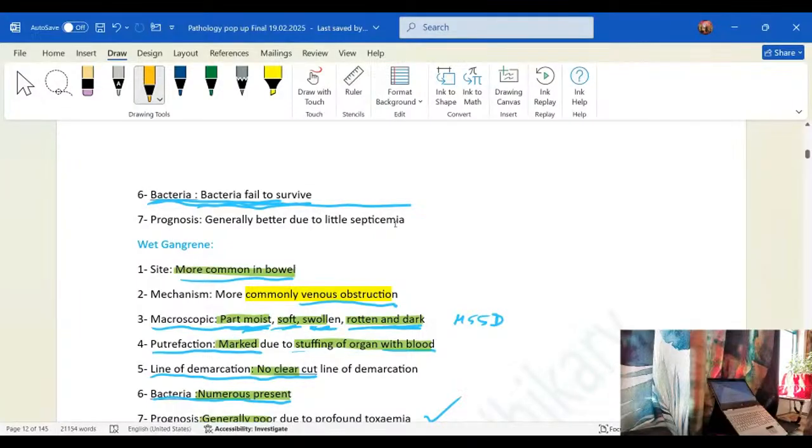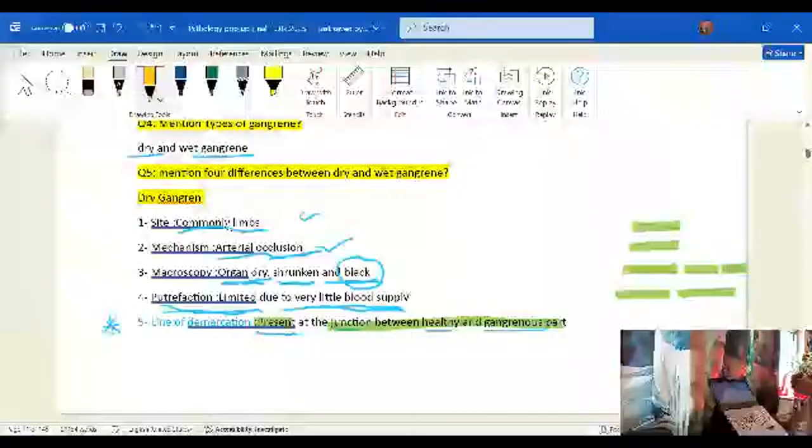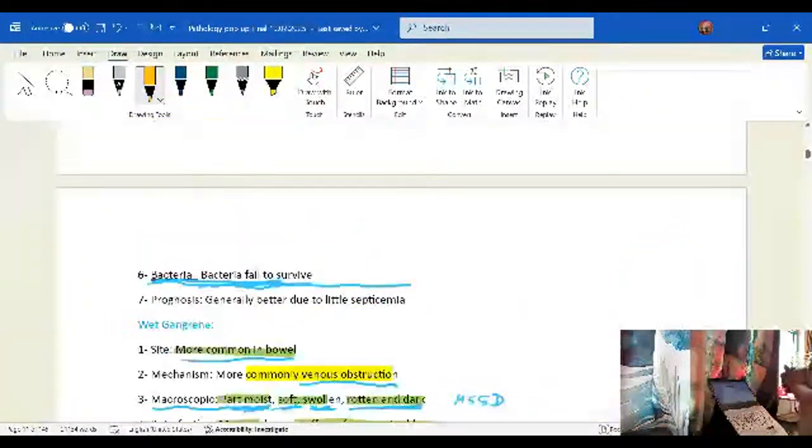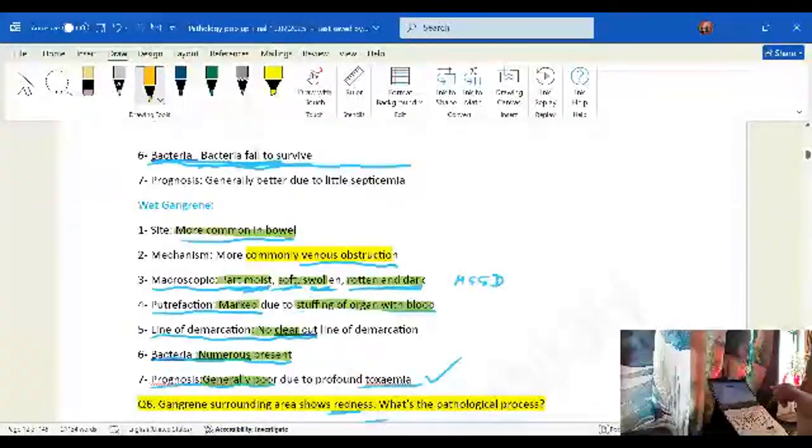And wet gangrene occurs due to venous obstruction, mostly in the bowel. So the part becomes moist, soft, swollen, and dark.